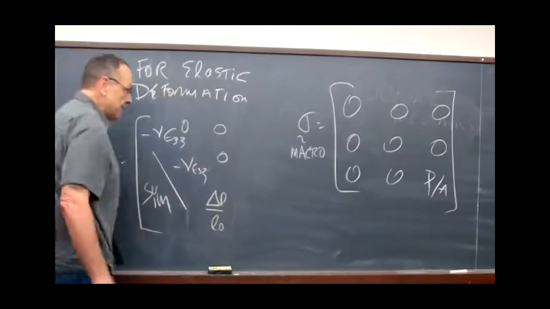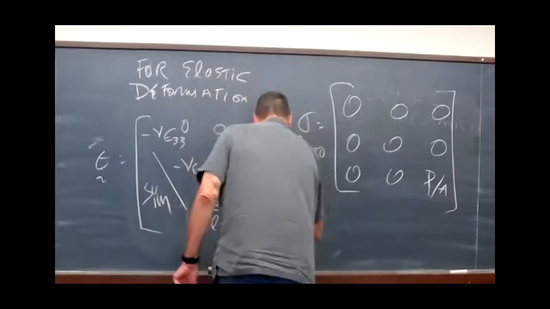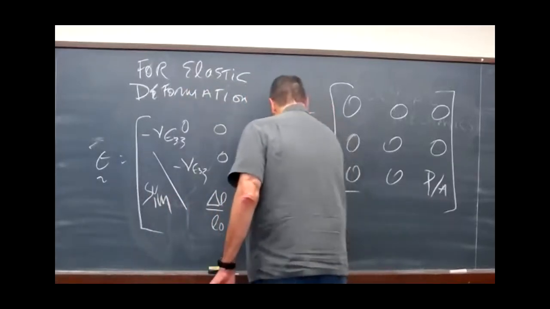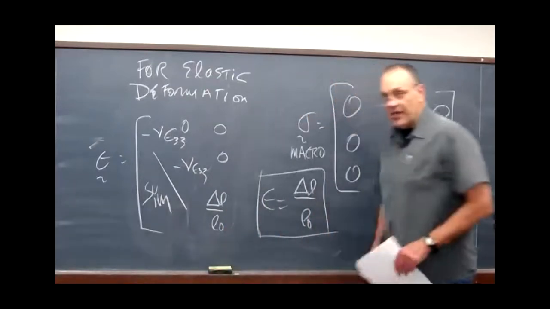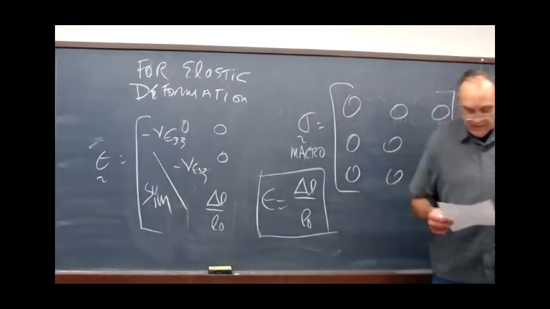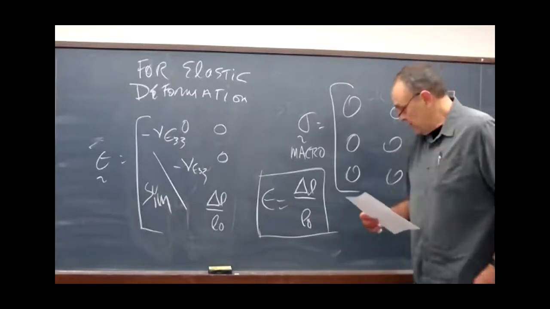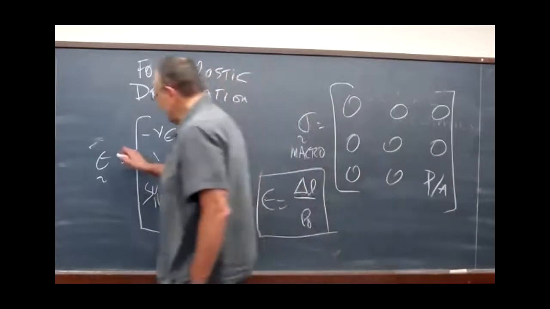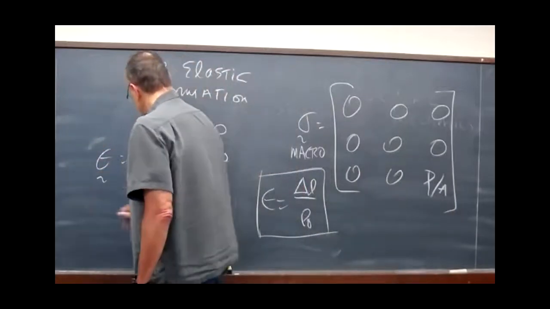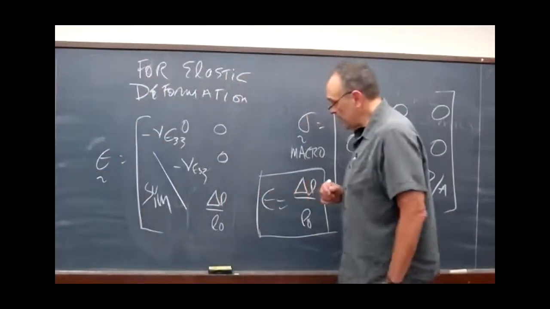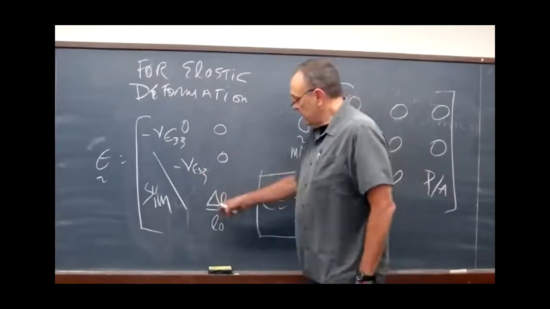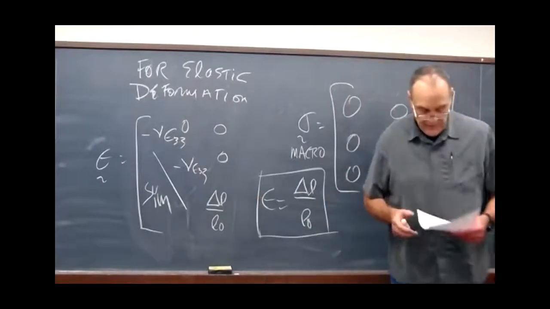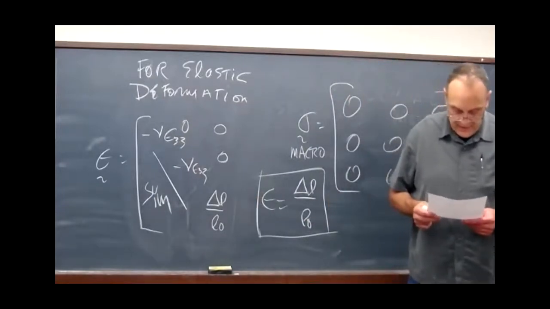So we have slipped in this definition of our normal strain, the first definition of strain that you've probably ever heard of, that the strain is just the change in the length of the gauge section over the initial length. So this is the engineering strain tensor, and if it's an isotropic material, then if this is epsilon 3,3, we know what the other two non-zero values of the strain are.